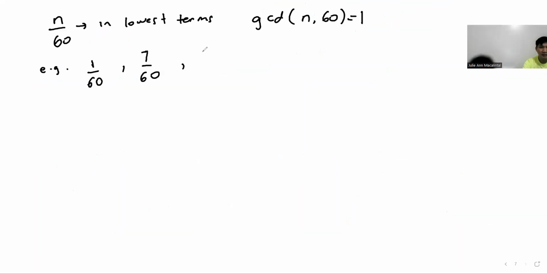So 11 over 60, 13 over 60, up to 59 over 60. So that is the meaning of the totatives.